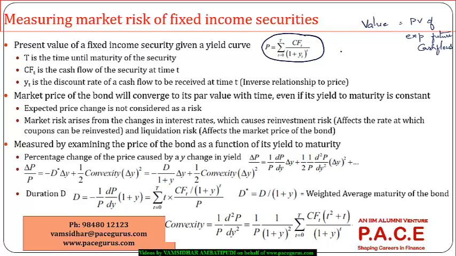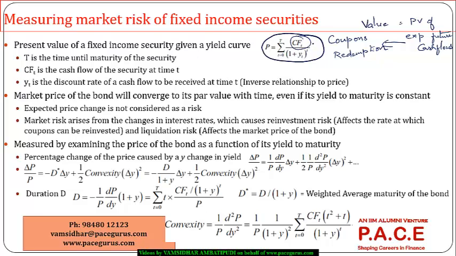Now, what are the future cash flows in case of bonds or any fixed income security? There could be some kind of coupons which are paid at regular intervals of time, and there is a redemption amount that is paid on maturity. So we have different cash flows that are expected from the bond at different points in time.